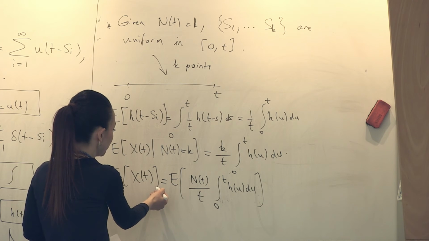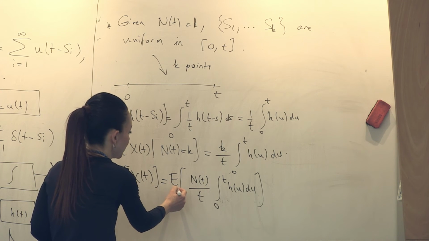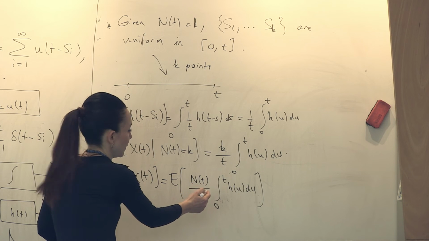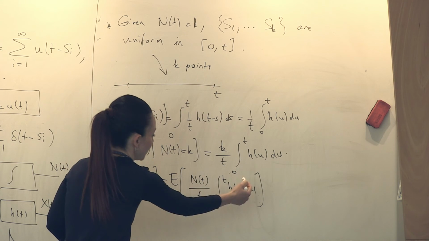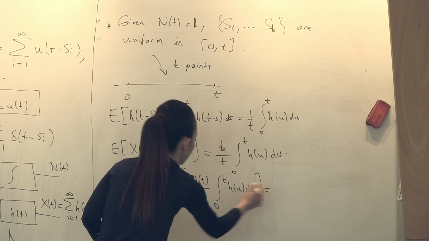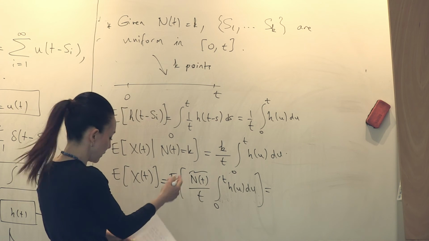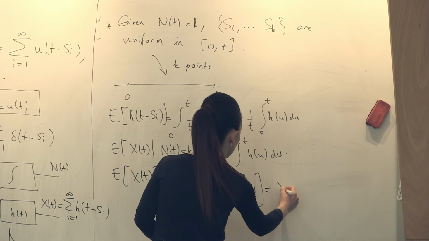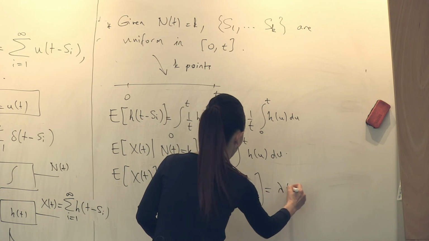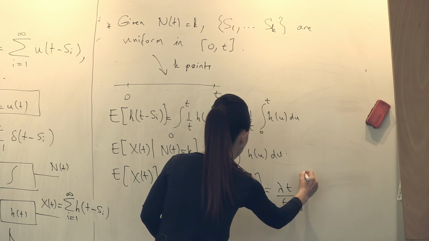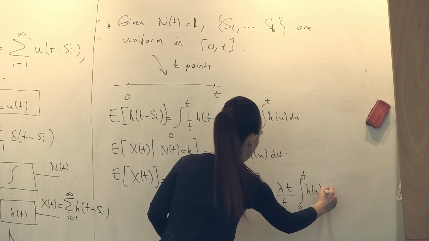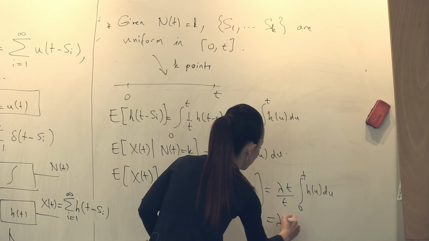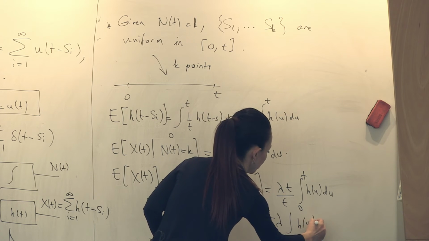The expectation of X(t) is the expectation over N(t) of the expectation given N(t). So what is the expectation of N(t)? Lambda t. So lambda t over t, times the integral from 0 to t of h(u) du, which is lambda times the integral of h(u) du.